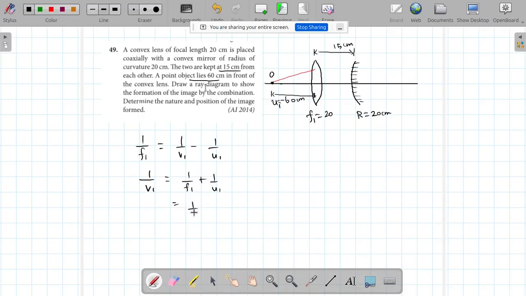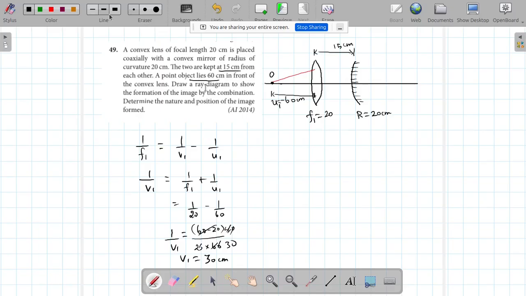Insert the values: 1 by 20 minus 1 by 60. 60 minus 20 is 40, and 20 into 60 is 1200, so 1 by 30. So v1 is 30 centimeter.